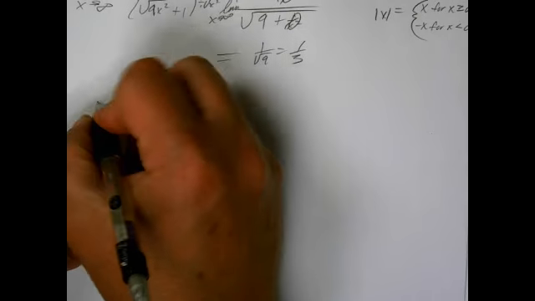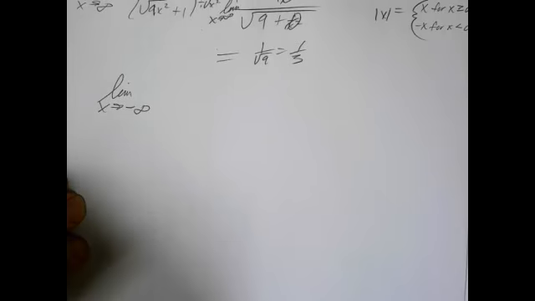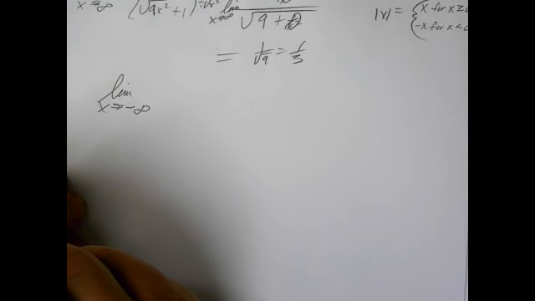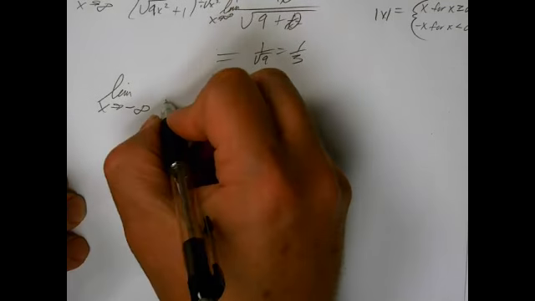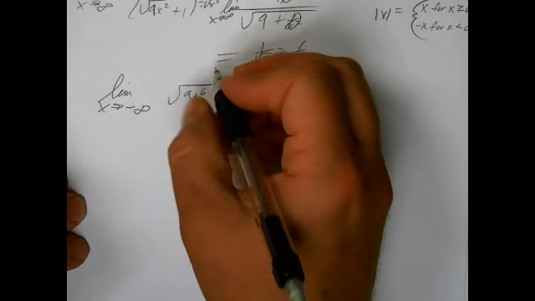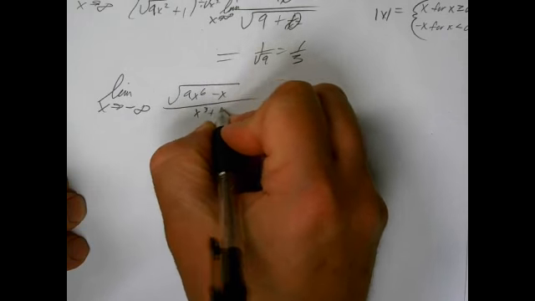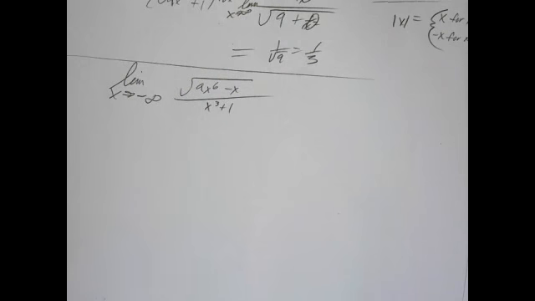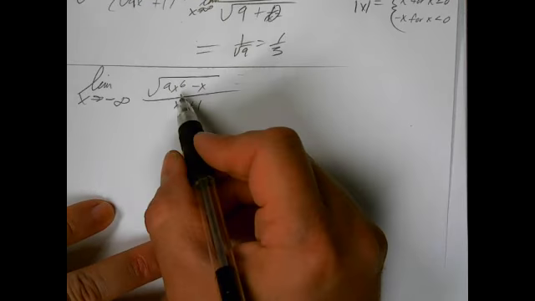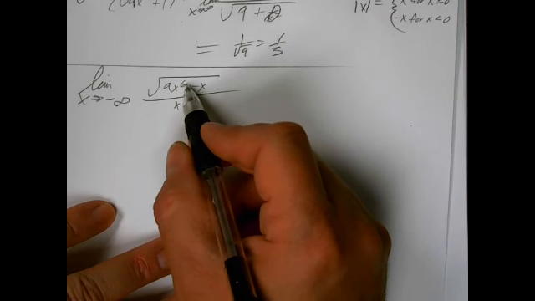So if I was to take a problem very similar to this one, the limit as x approaches negative infinity, if I go in the negative direction, with a problem just like this, the square root of 9x to the 6th minus x over x cubed plus 1. Again, remember, the highest power here is not x to the 6th. The highest power here is the square root of x to the 6th, which is x to the 3rd.